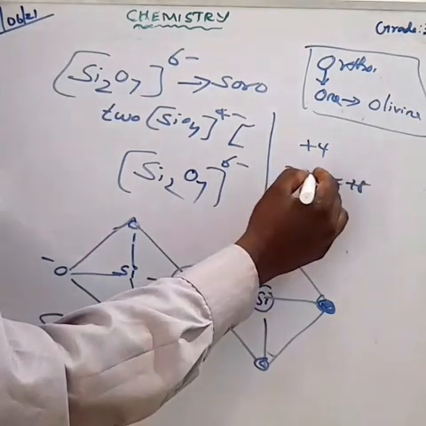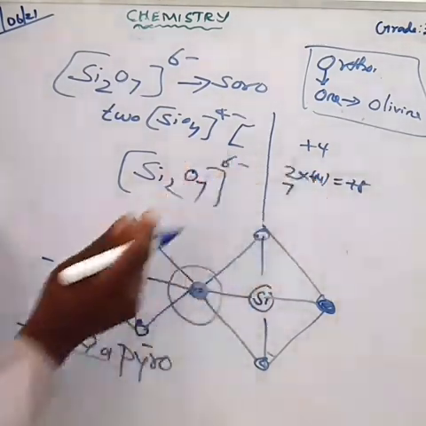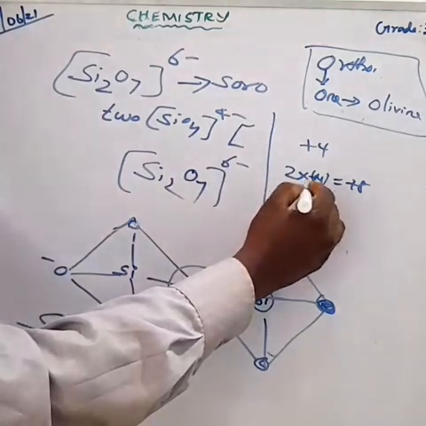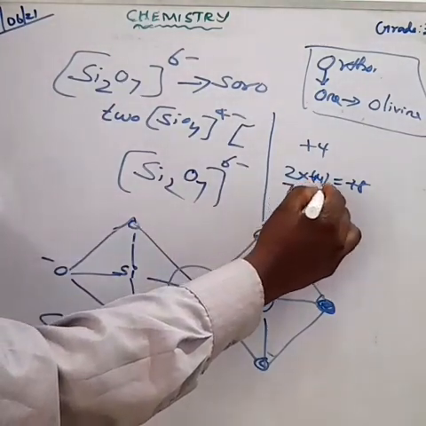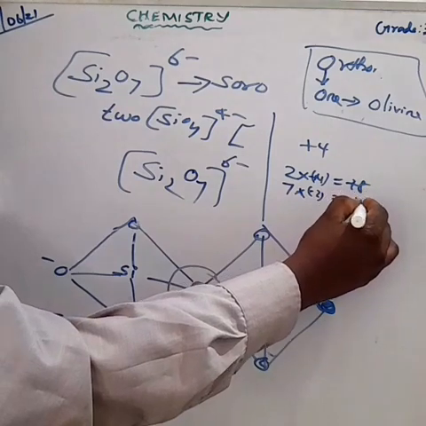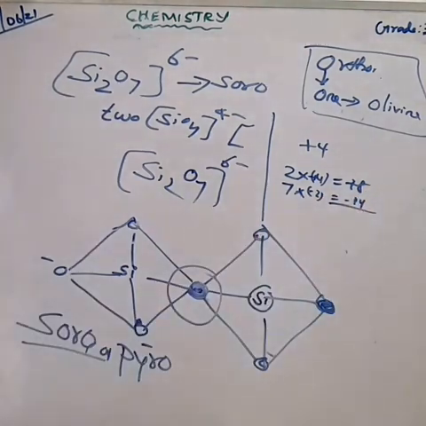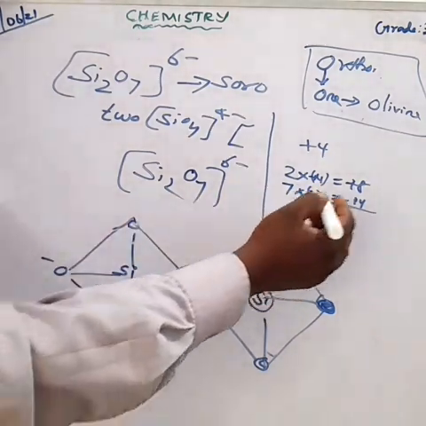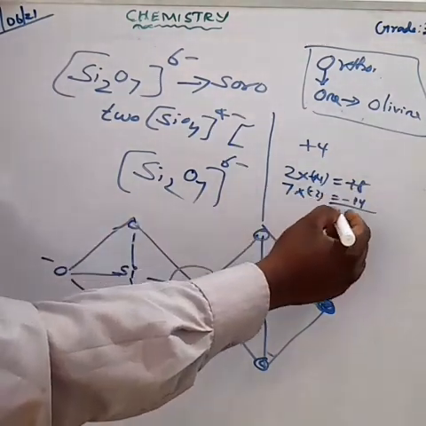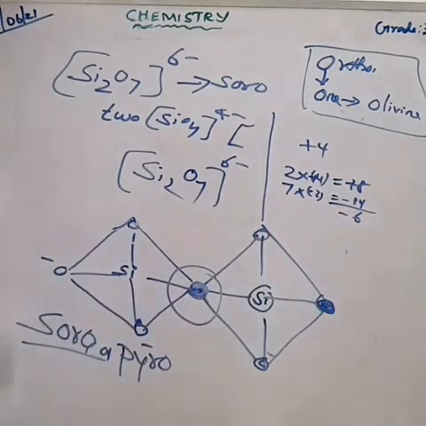How much oxygen is there? 7 oxygen, and 1 oxygen has -2, so 7 into -2 is -14. So +8 minus 14, what's the answer? -6. So the charge is minus 6. We already discussed that.